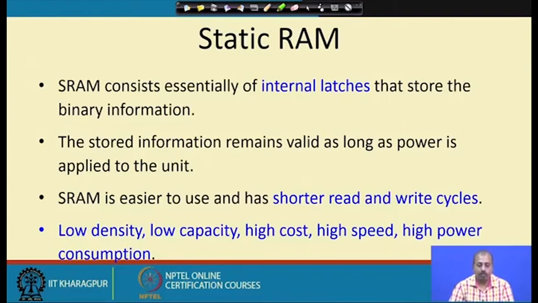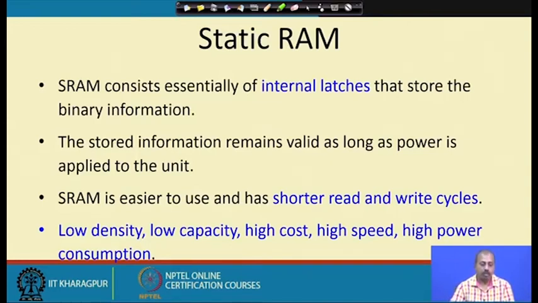It essentially has latches that store the binary information. The stored information remains valid as long as power is applied. SRAM is easier to use and has shorter read and write cycles, low density, low capacity, high cost, high speed, high power consumption. These are the features of SRAM.